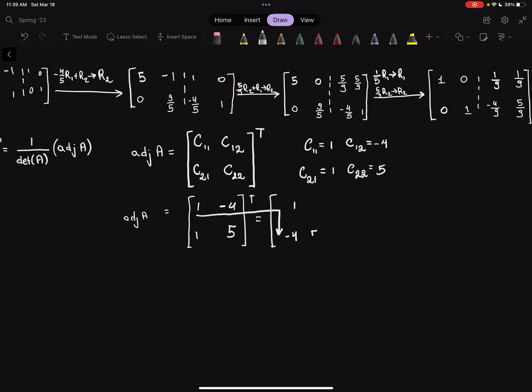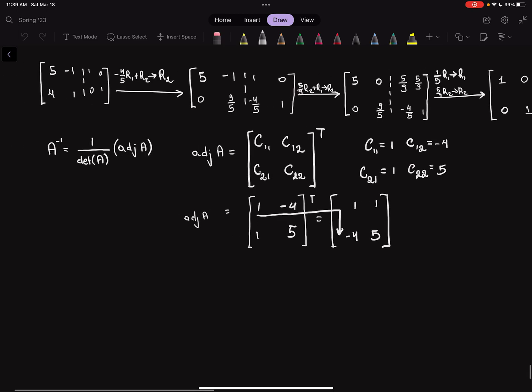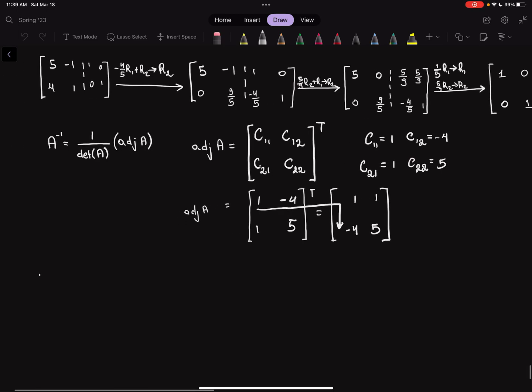So the 5 is going to drop first, and then the 1. And once we have this, we have to divide it by the determinant of A. So now the A inverse should be 1 over 9 times 1, 1, -4, and 5.